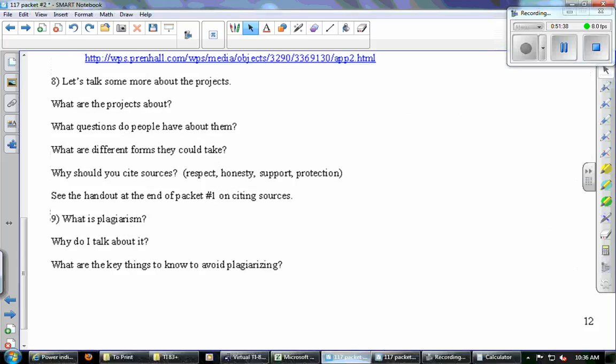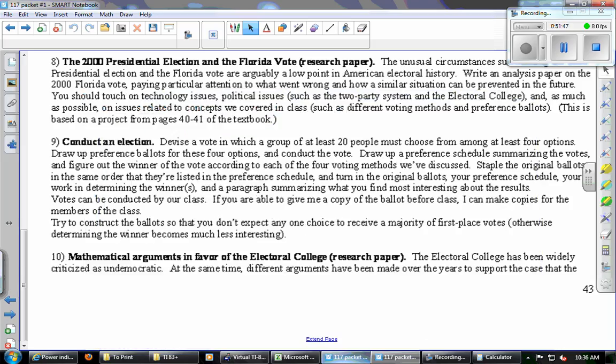We come back here. So do we have any other general questions about projects at this point? At number 9, there's no concern about plagiarism because you are doing your own original research. So if you conduct your election, you're not citing any sources, you are creating original research.